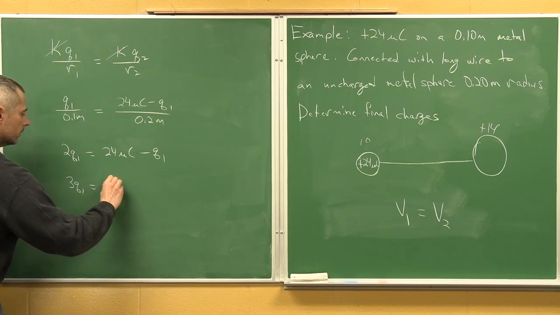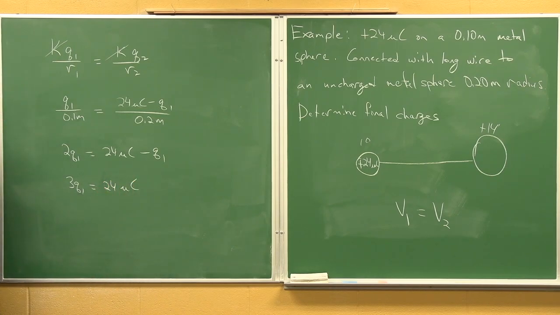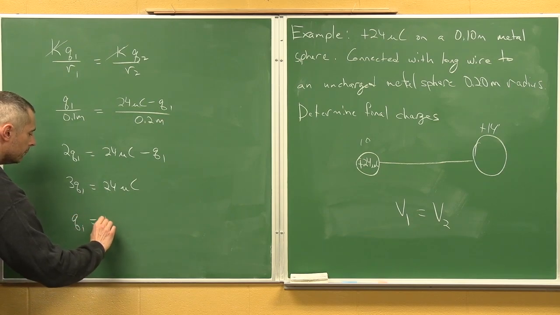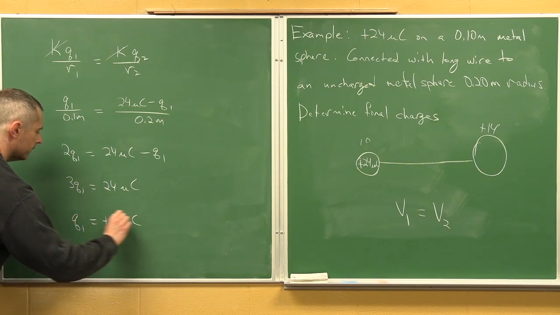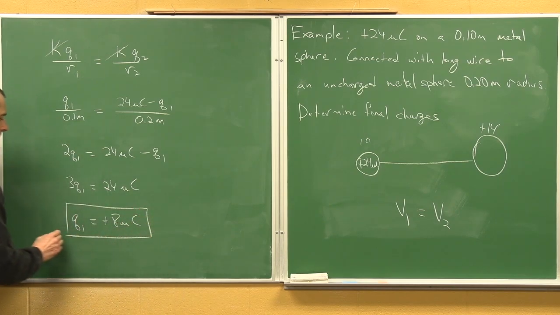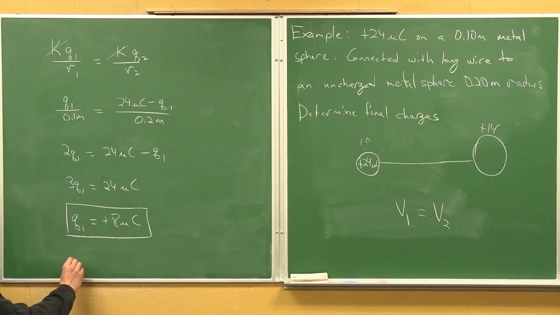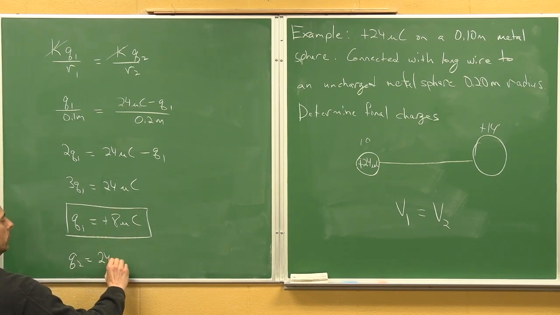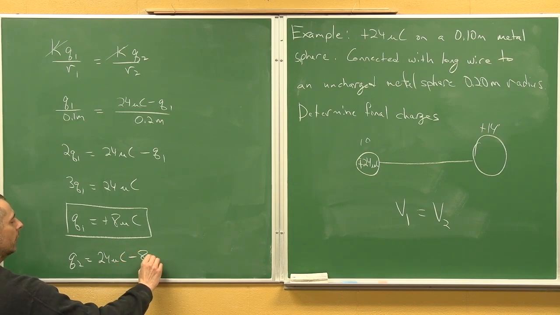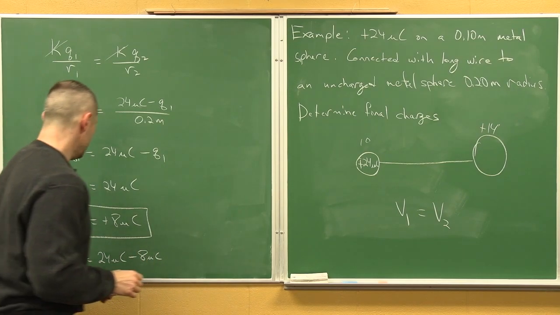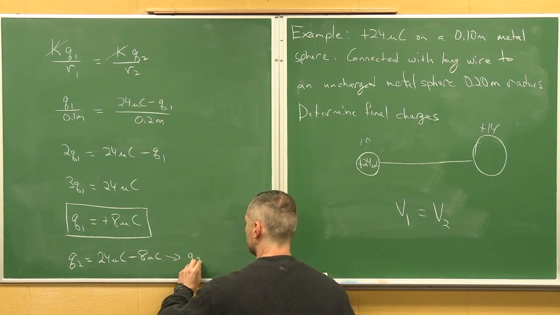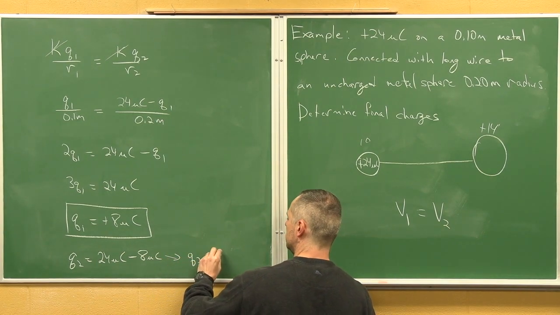Divide by 3, and I get positive 8 microcoulombs on sphere 1. Sphere 2 is 24 microcoulombs minus 8 that's on the first sphere. And so that gives me 16.